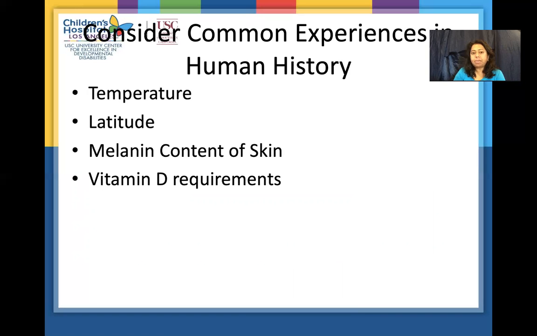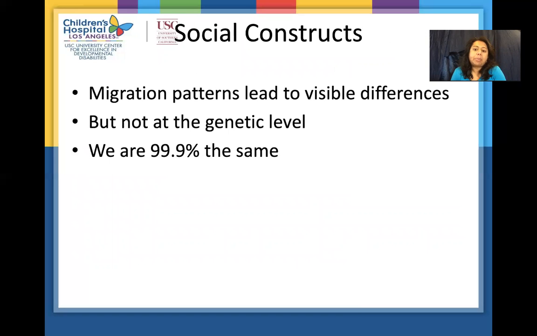When we think about common experiences of human history, such as temperature and latitude differences, that can oftentimes trigger environmental cues that perhaps change coding for melanin content of skin or vitamin D requirements. What we see is that migration patterns do lead to visible differences, but not at the genetic level. We're still 99.9% the same.